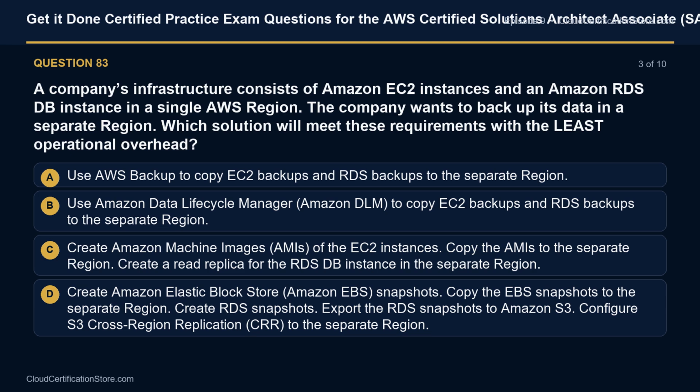Option B. Use Amazon Data Lifecycle Manager, Amazon DLM, to copy EC2 backups and RDS backups to the separate region. Option C. Create Amazon Machine Images, AMI, of the EC2 instances. Copy the AMIs to the separate region. Create a read replica for the RDS DB instance in the separate region.